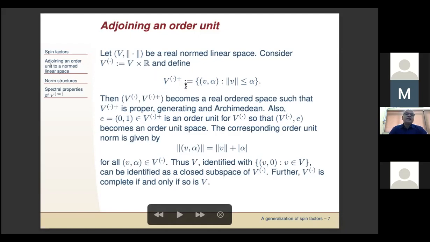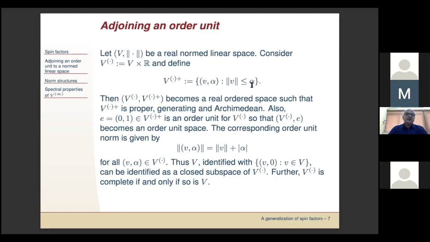And then we define something called V dot plus to be the set of ordered pairs (V, alpha) such that the norm of V is less than or equal to alpha. Then we notice that V dot with V dot plus becomes a real ordered vector space. And here V dot plus is proper, generating, and Archimedean.